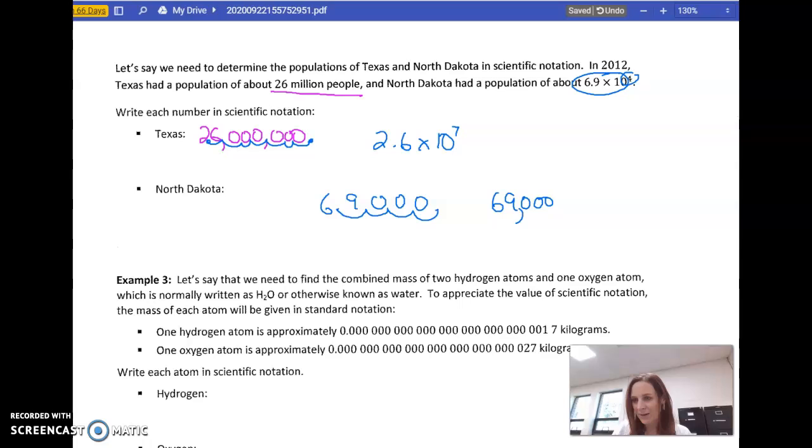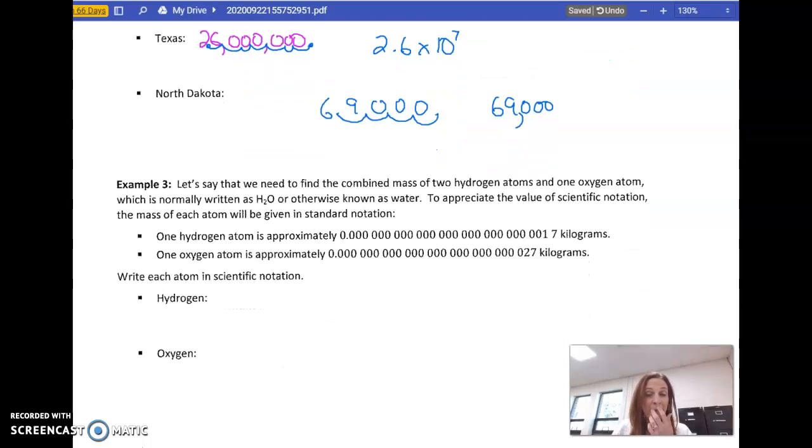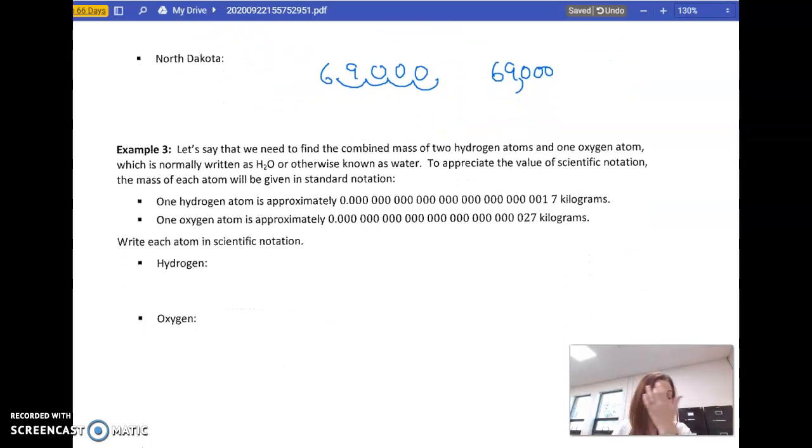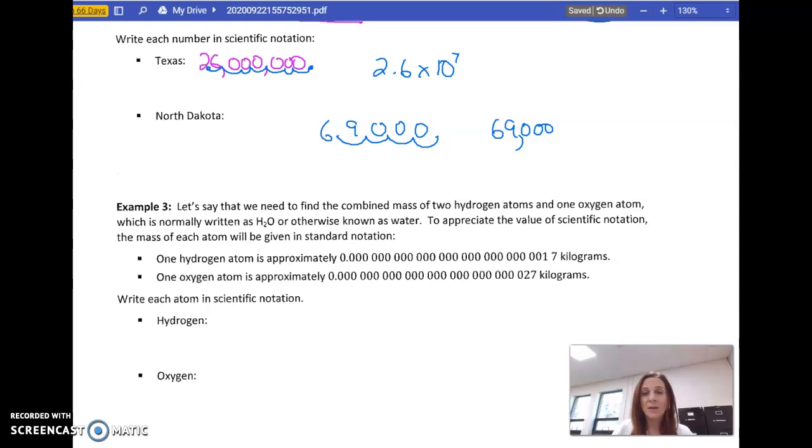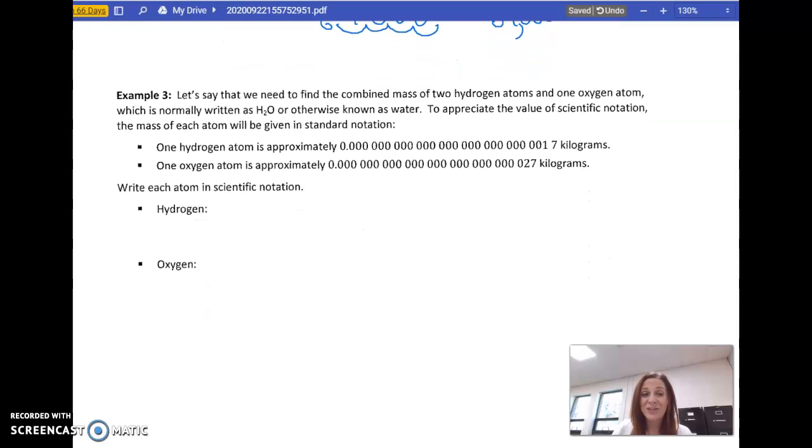All right, a couple more practices and we'll be done here. This is a major need for scientific notation. Guys, when you get into upper level sciences, when you're dealing with chemistry and things like that, and you have to deal with weights, you need scientific notation because I don't even want to know how many zeros there are, although we're going to have to count them. So let's write it in scientific notation. Way down here at the end, I have 1.7. I want this to be 1.7.